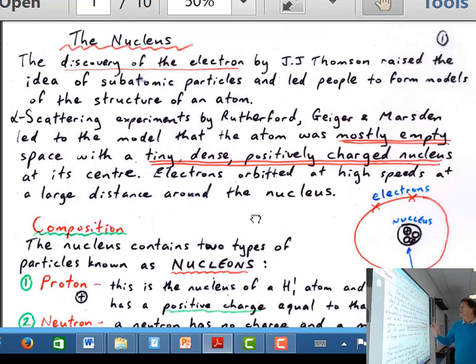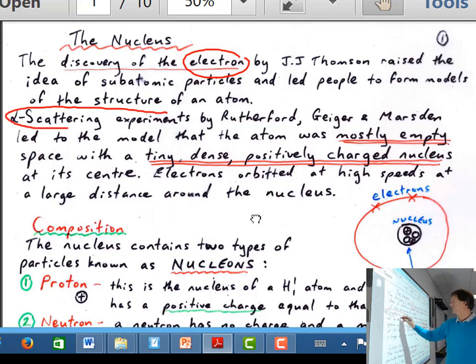Quick recap. Just be aware that the discovery by Thomson of the electron, which is a small negative particle, led to subatomic particle discussions. The alpha particle scattering experiments done by Rutherford, Geiger and Marsden led to the typical idea you might have been used to: a central nucleus which was positive, with electrons going around the outside and a lot of empty space.